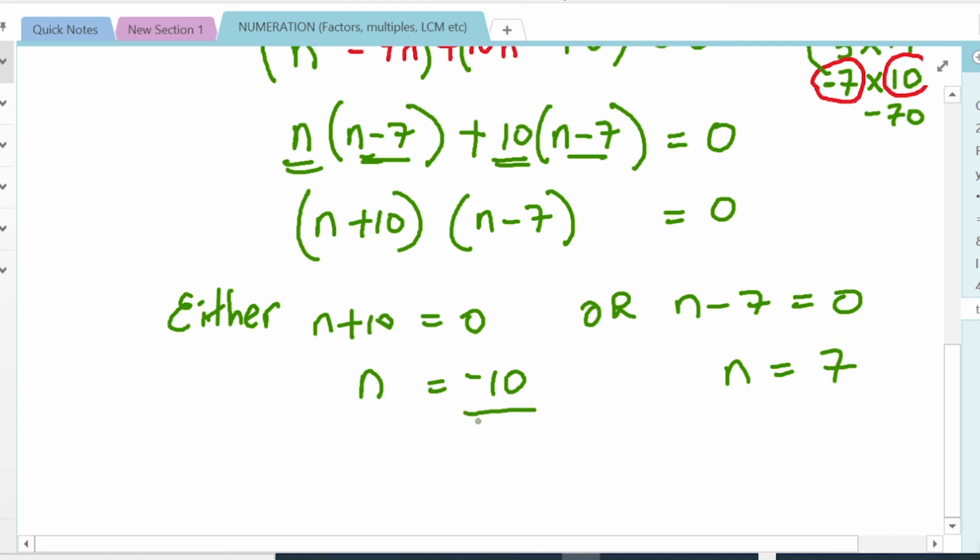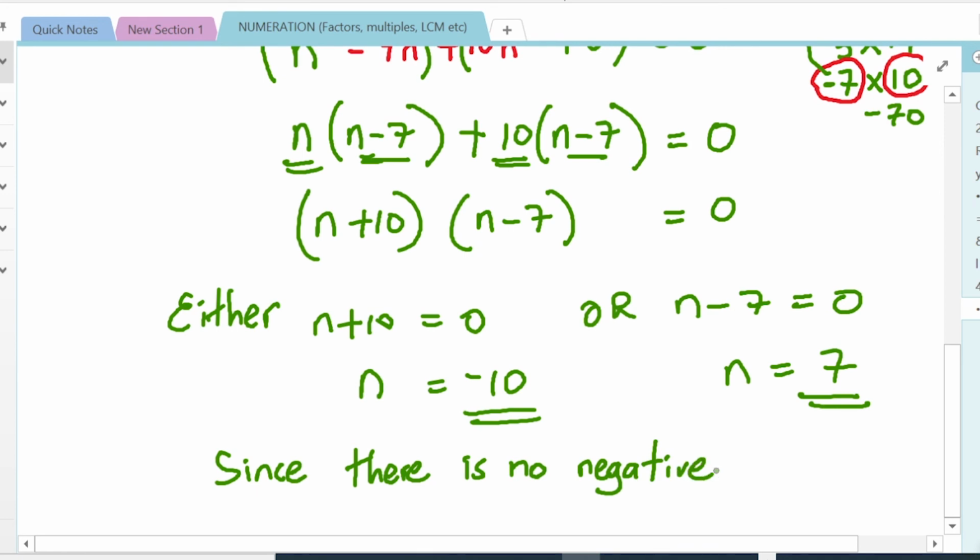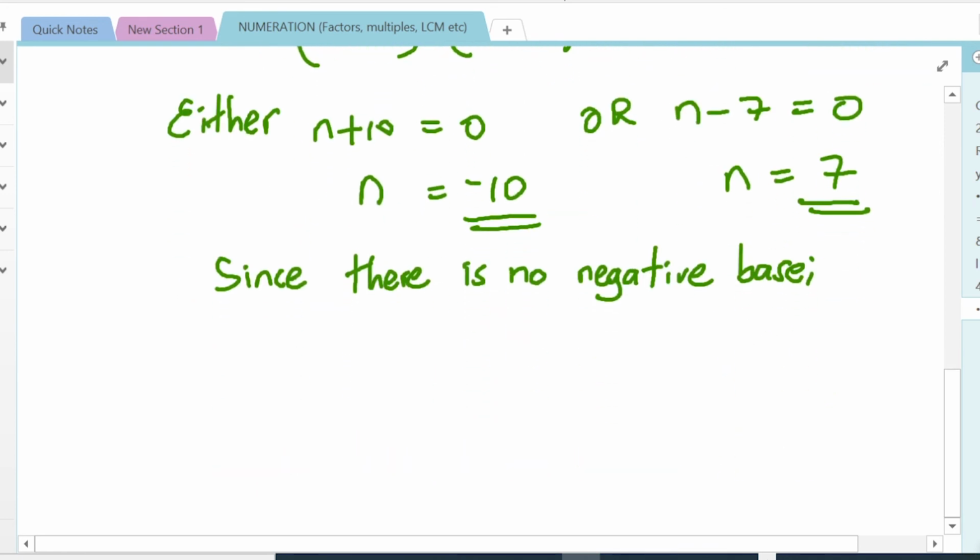So since we are looking for number bases, we shall say since there is no negative base, we shall conclude by saying that the value of n is 7. We pick the positive number and that is our answer.